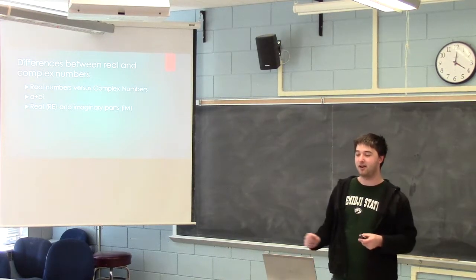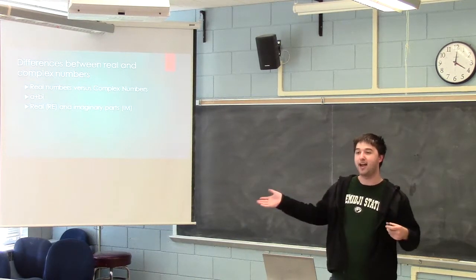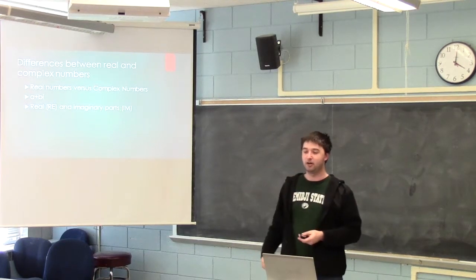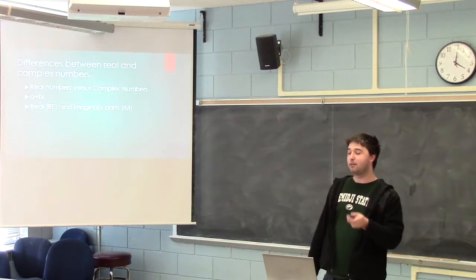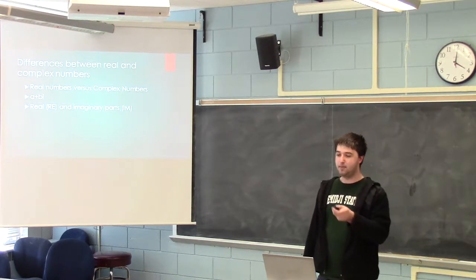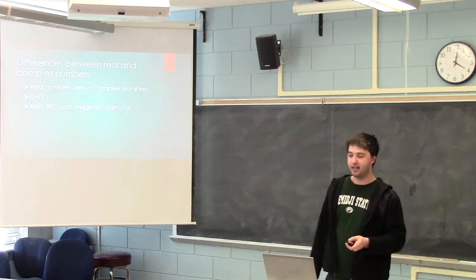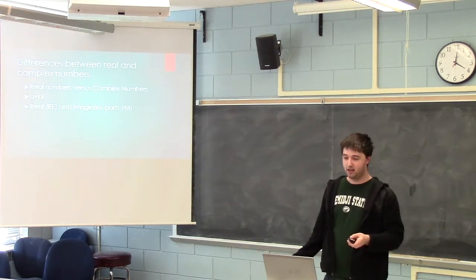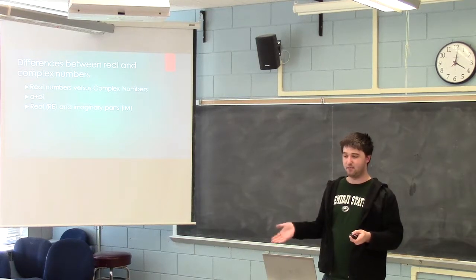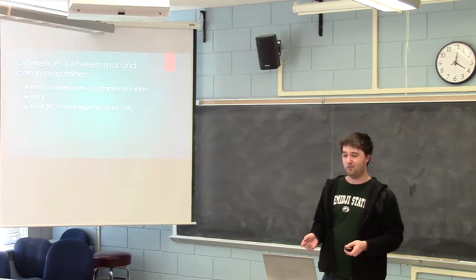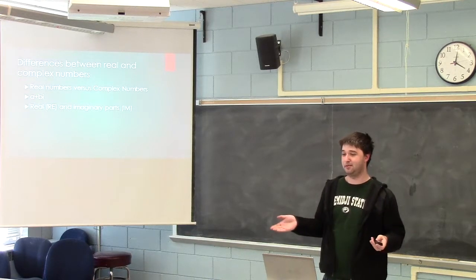The imaginary part is usually labeled as capital Im, in square brackets, as the imaginary part. So the a part is the real part, and the bi part is the imaginary part. And so you're like, okay, now I know what a complex number is versus a real number. Now, why is a complex number useful?